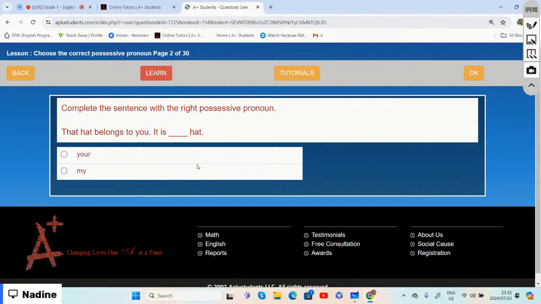If we were to choose the right possessive pronoun, we can say that hat belongs to you, and then we say it is your hat.